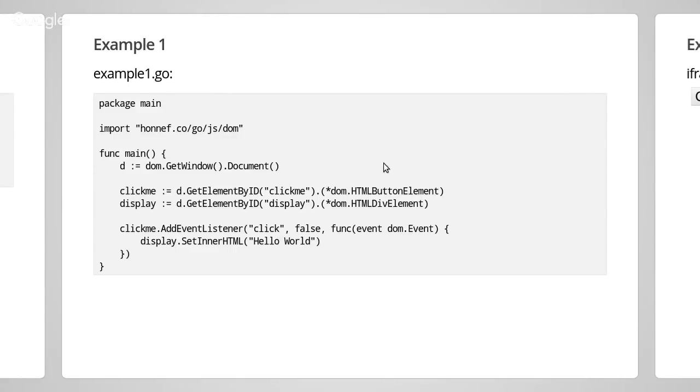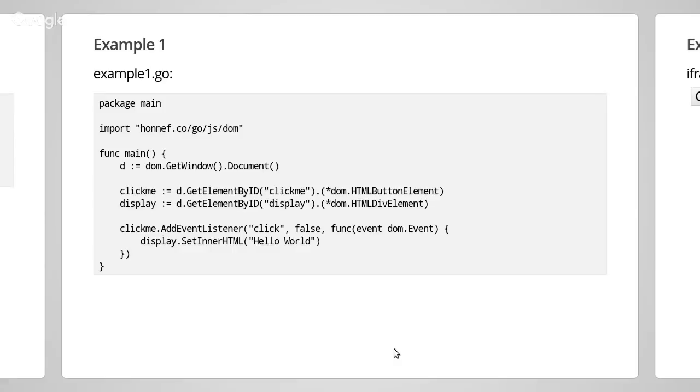But already we have a somewhat interesting thing here. We cast it to a type. This means you can write front-end code with type safety in mind, with types. Then to the button, we add a simple event listener. And if we click this, we display hello world.